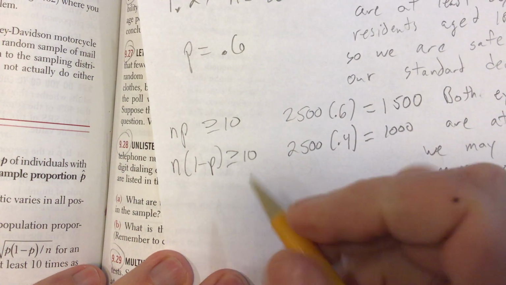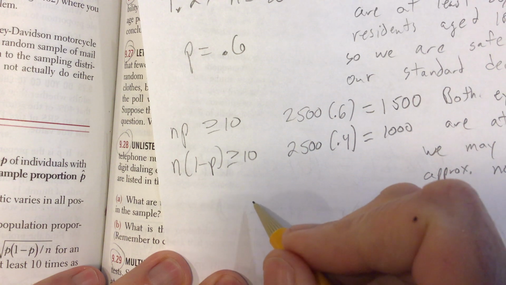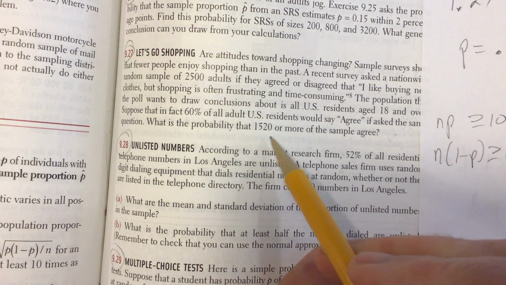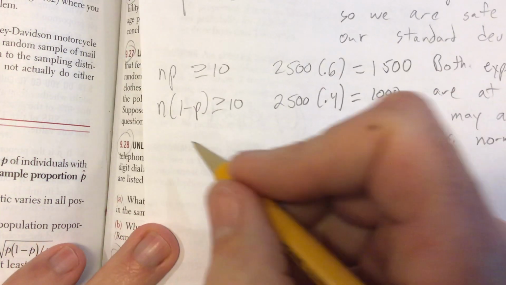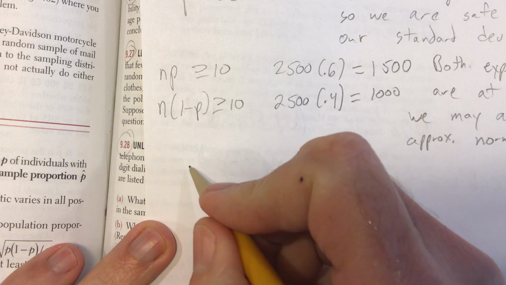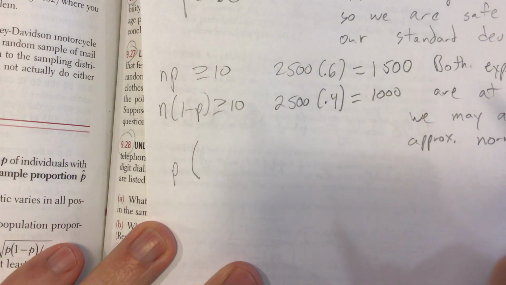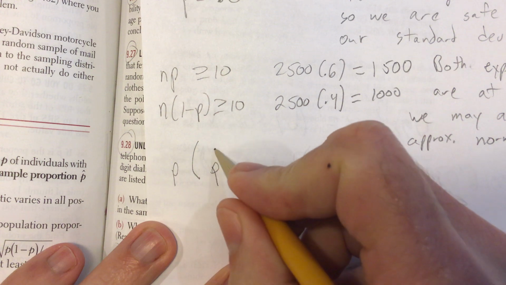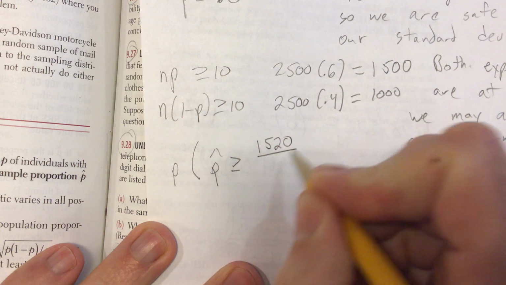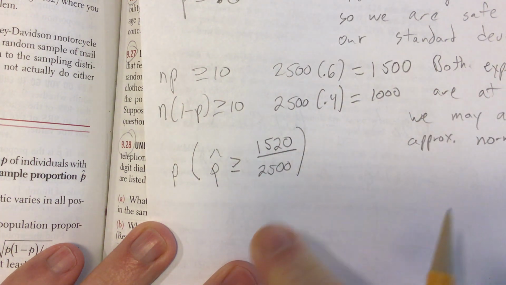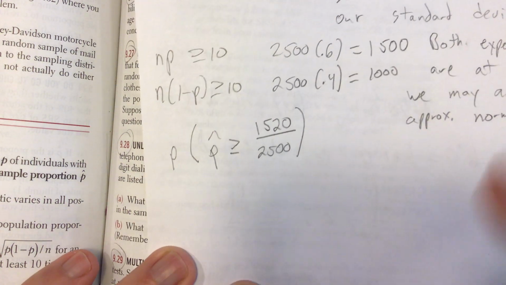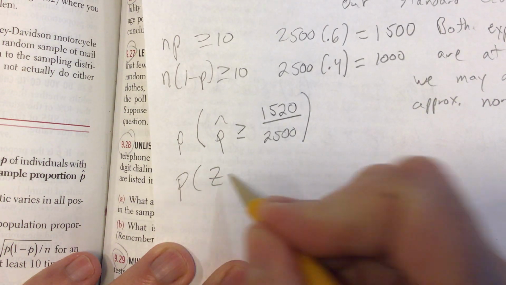Okay, so not 150 more, 1,520 or more. I was like, 150, that's too low. Very small. Okay. So we're going to find the probability that p hat is at least this. Okay. So again, we said we could use the normal distribution, so let's get a z.